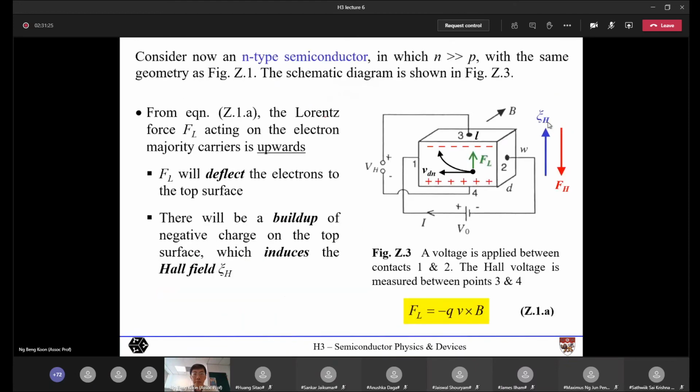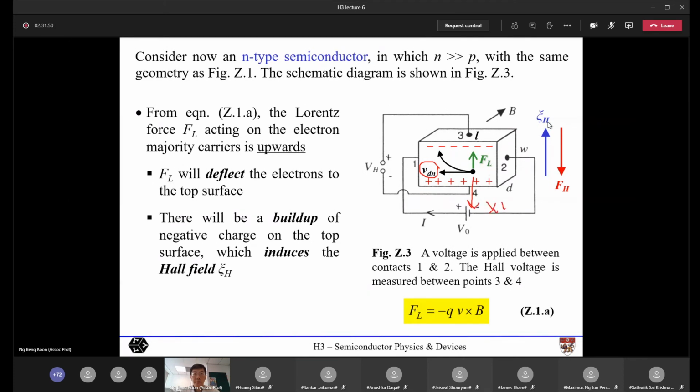Now we look at the case of electrons. Remember we keep the same configuration, so conventional current flows from left to right. But if it's an n-type semiconductor, then you're dealing with electrons moving to the left, so your drift velocity vector direction is to the left. If you now do a cross product, V cross B, it actually gives you a vector that's pointing down.